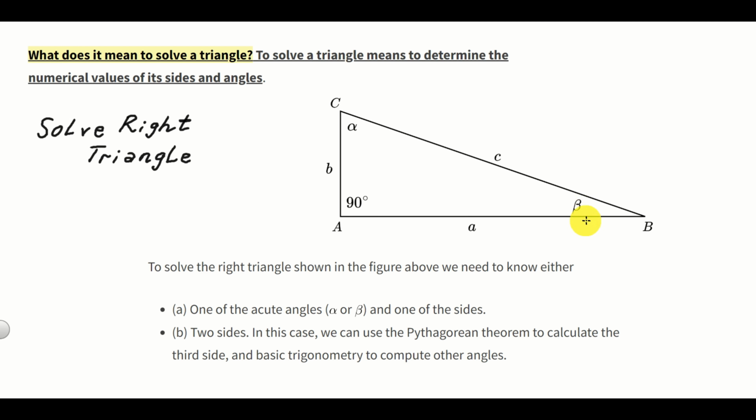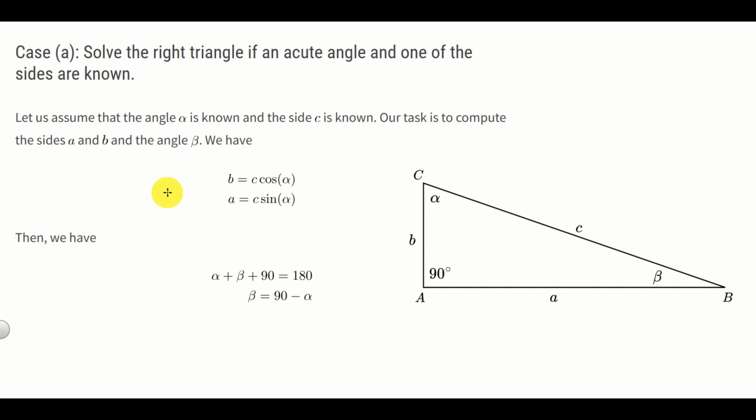Or we need to know two sides, for example, this side and this side. In this case, we can use the Pythagorean theorem to calculate the third side and basic trigonometry to compute the other angles. Let's focus on the first case.